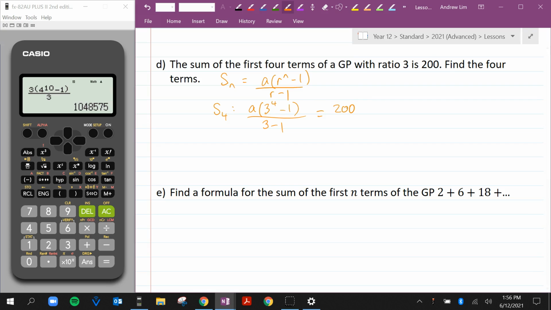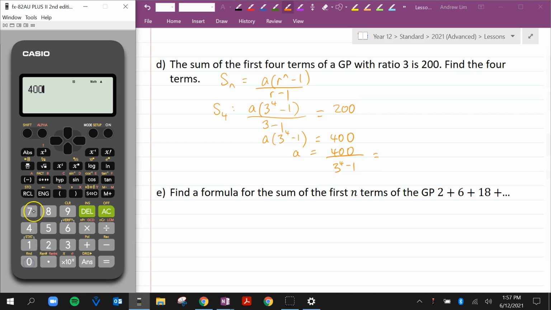So 3 minus 1, that's 2. I'm going to multiply both sides by 2, giving me 400. So the first term, therefore, is 400 divided by 3 to the power of 4 minus 1, which is 5.